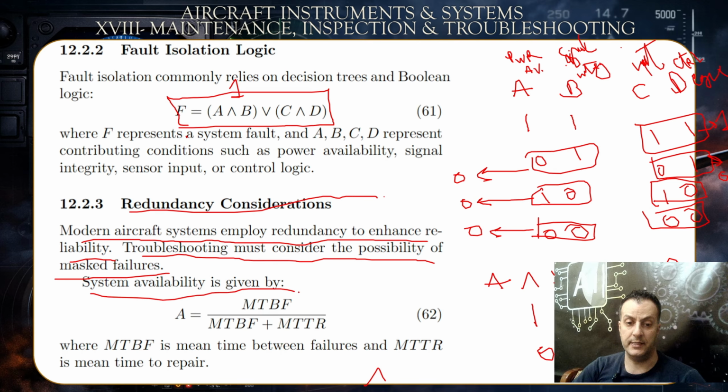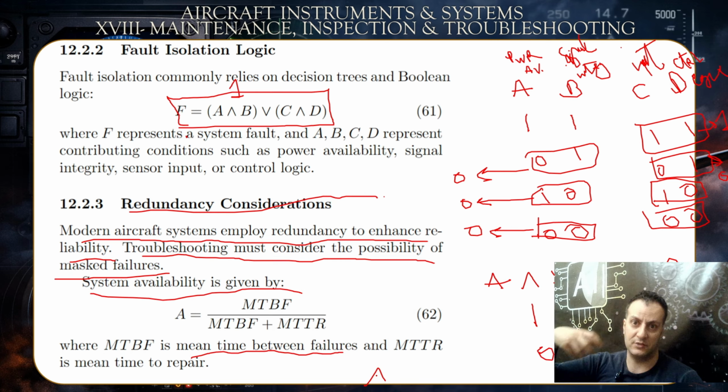System availability is given by A = MTBF / (MTBF + MTTR). MTBF means the mean time between failures, and MTTR is the mean time to repair. So the time between failures should be less than the mean time between failures plus the mean time to repair, so as to give the pilot the ability to troubleshoot and maintain the problems of the aircraft.